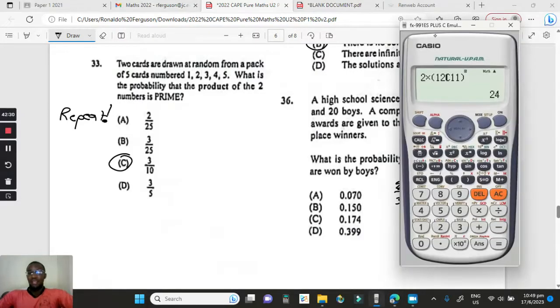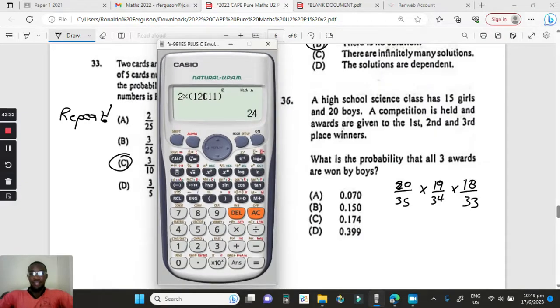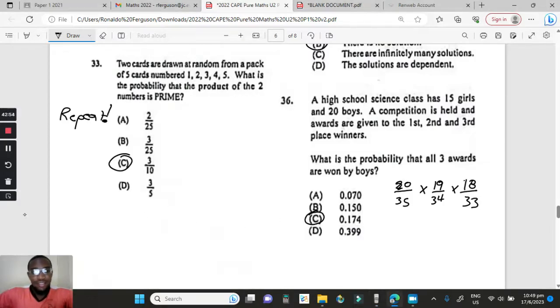That's the probability we get all 3 boys: 20 times 19 times 18 divided by 35 times 34 times 33, which is 0.174. That's it.